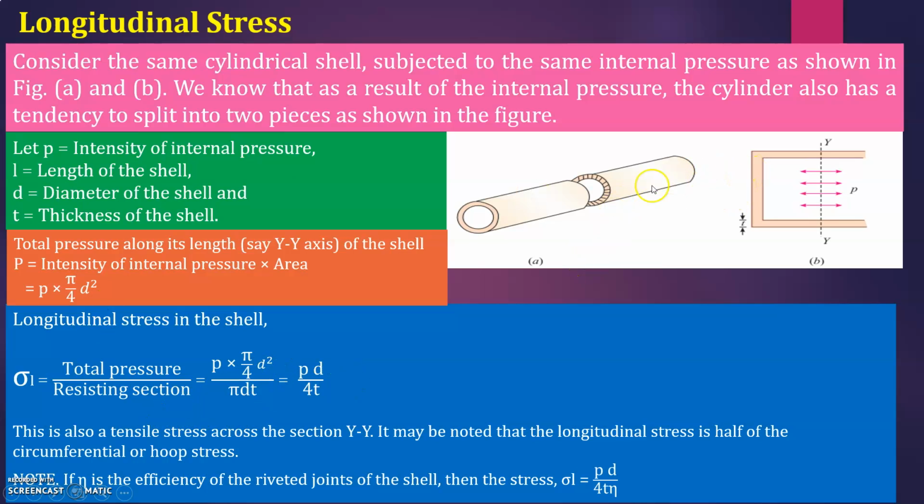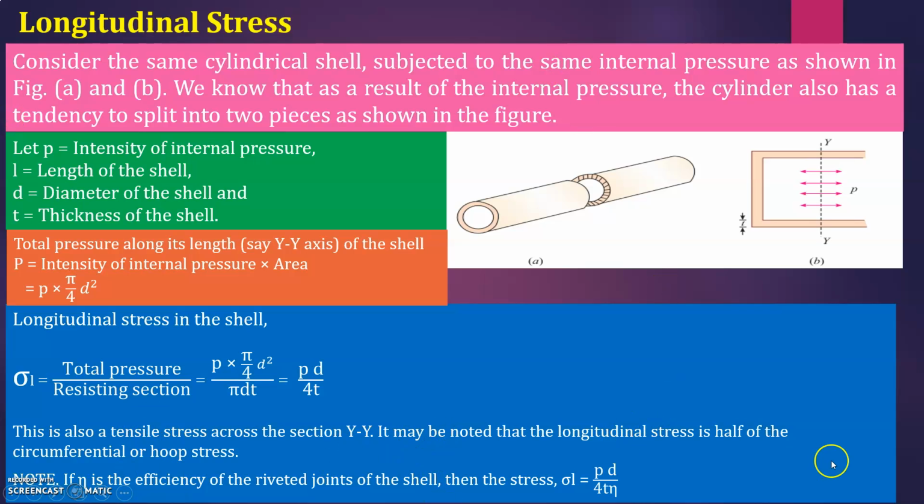Here the resisting section is pi into d into t, where t is the thickness and d is the diameter. When you simplify this, you get PD divided by 4t. So this is the longitudinal stress. This is also a tensile stress across the y section.